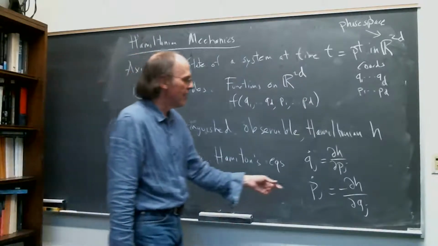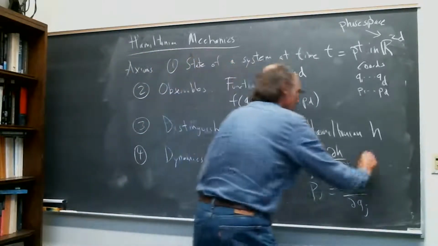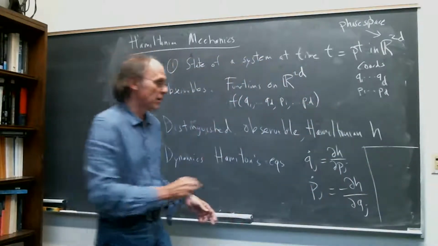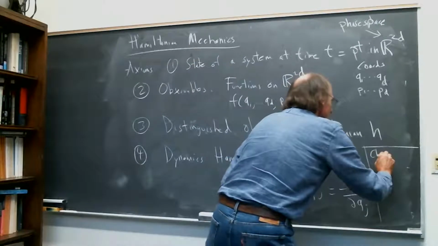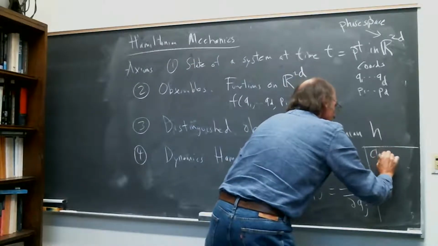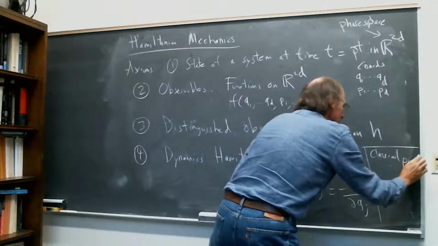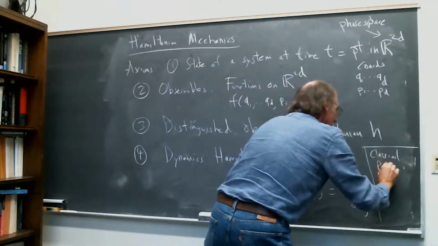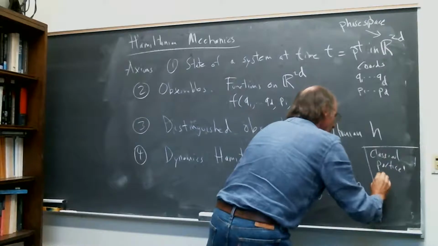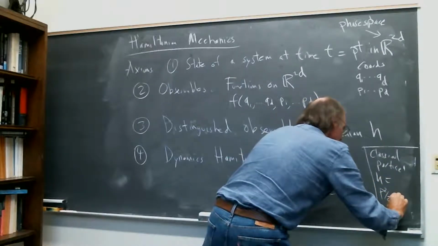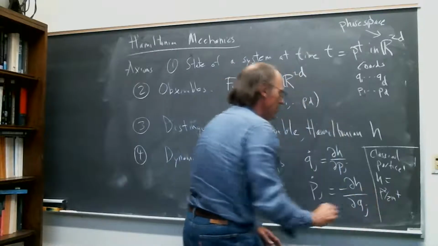And you can see that if you take, for a classical particle, h is just p squared over 2m plus V of q.